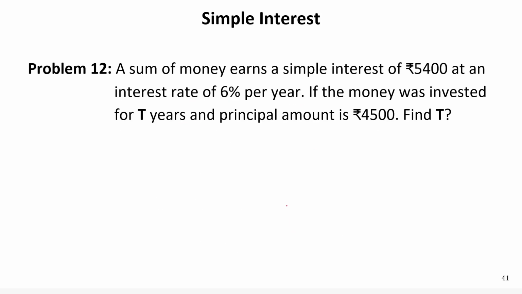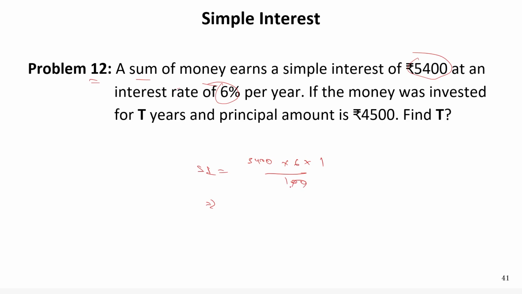Okay, so let's see problem number 12. So a sum of money earns a simple interest of 5400 at an interest rate of 6%. Okay, so interest rate is given as 6% here. So if the money was invested for T years, the principal amount is this much. So SI is equal to PRT by 100, where the amount is 5400. So it is 5400 into 6 into T by 100.